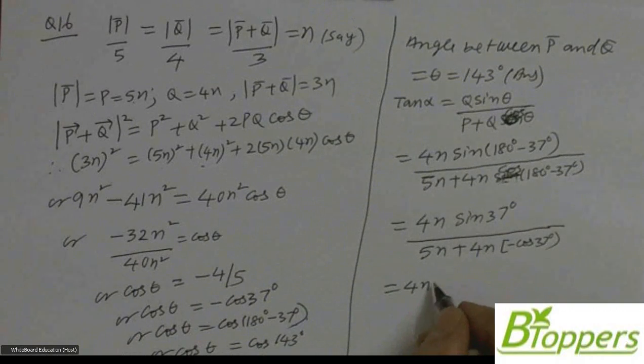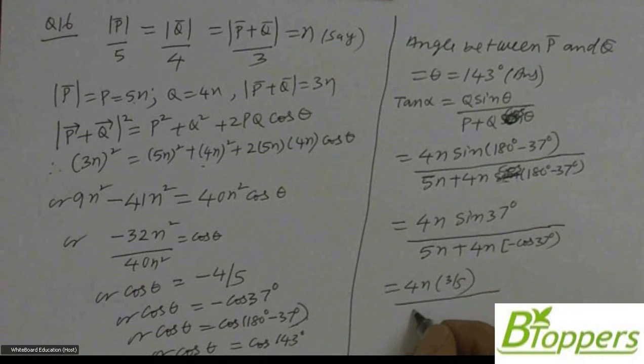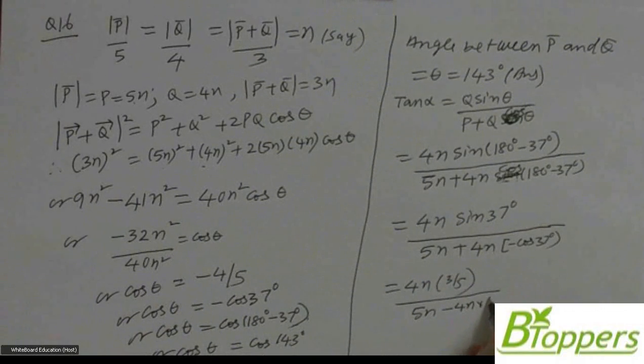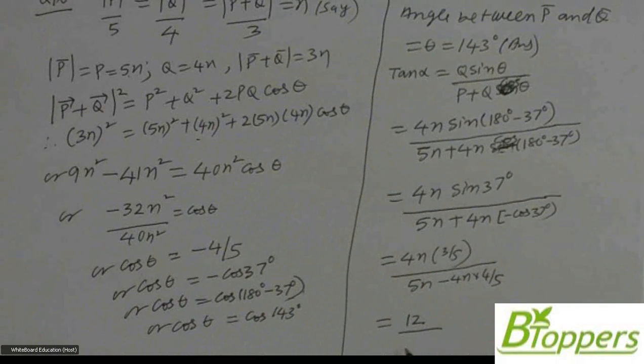Now you can substitute sin 37 degrees equal to 3 by 5 and cos 37 degrees equal to 4 by 5. So you can simplify this further. You get tan alpha equal to 12 by 25 minus 16, that is 9. So tan alpha you get 4 by 3.